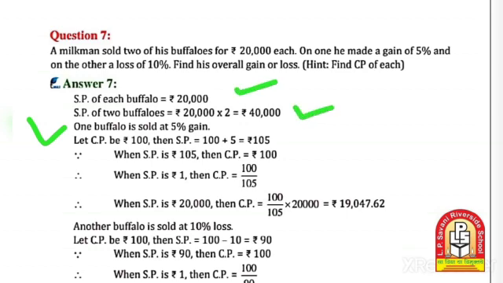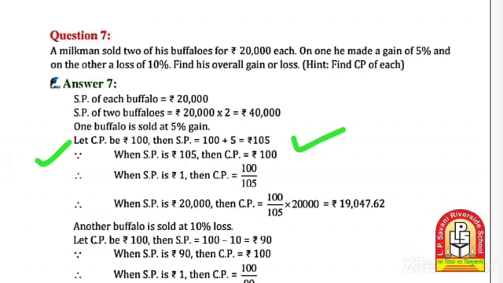If one buffalo has price 20,000, then if we sell the two buffaloes, that gives us 40,000. Then one buffalo is sold at 5% gain, so they earn a profit of 5% from the first buffalo. Let CP be rupees 100, then SP is equal to 100 plus 5, that is a 5% gain on rupees 100. So let's calculate.